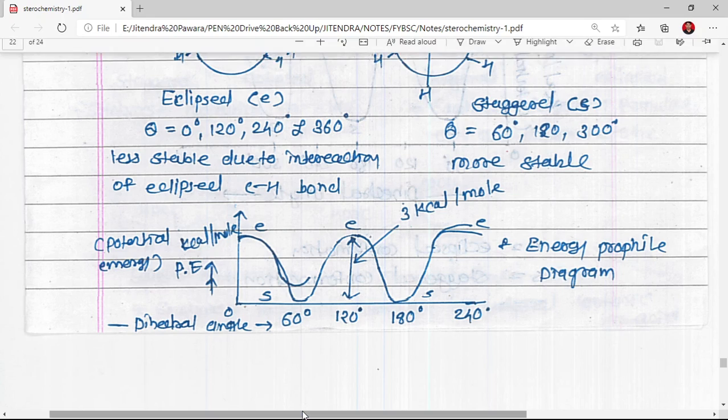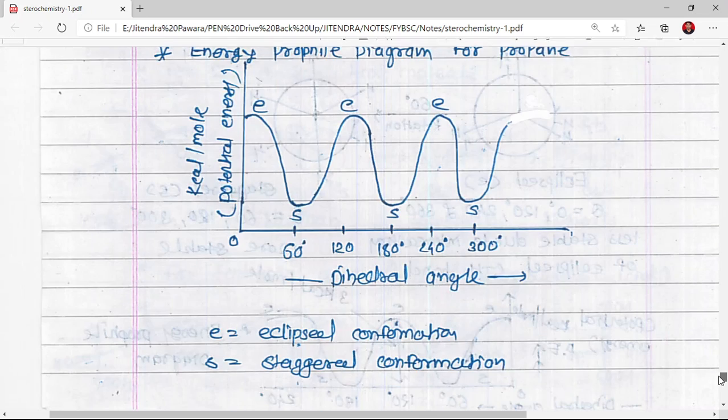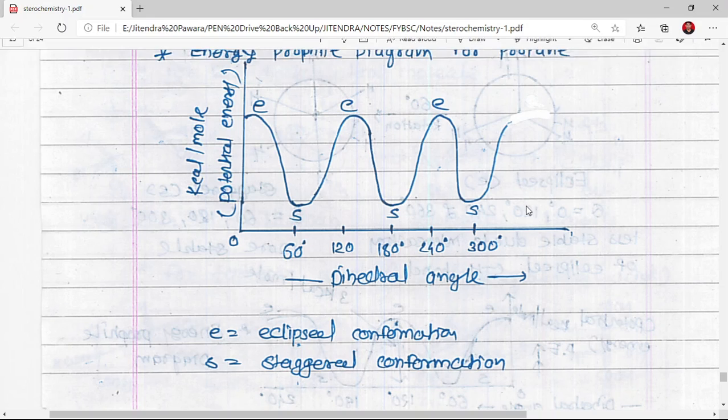Now let's see its energy profile diagram. This is the energy profile diagram of propane, potential energy versus dihedral angle. At dihedral angles 0, 120, 240 and 360 you get eclipse conformation, and the energy difference between staggered and eclipse is 3.3 kilocalorie per mole.